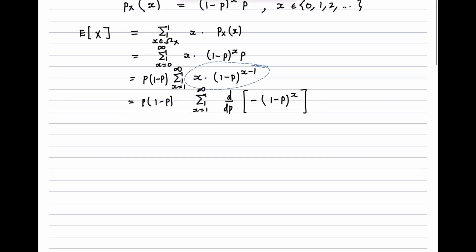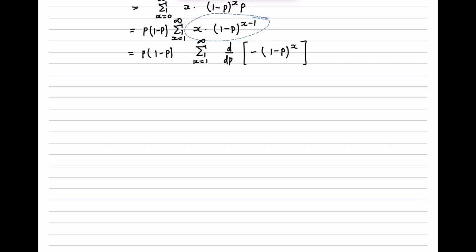So once you're comfortable with that, we can now do some further simplification. And here is the next interesting property.